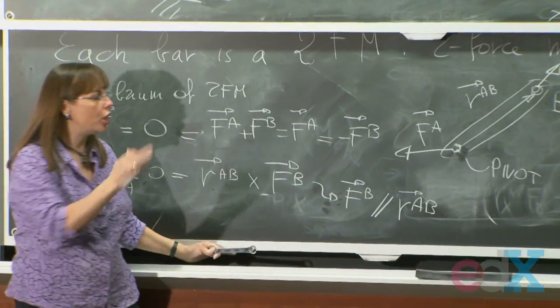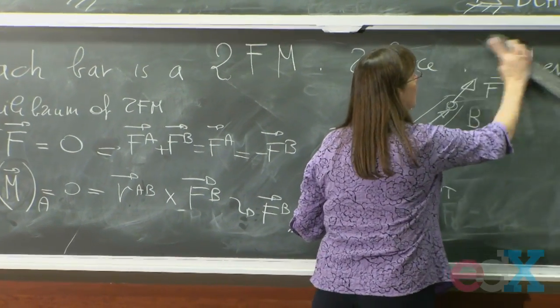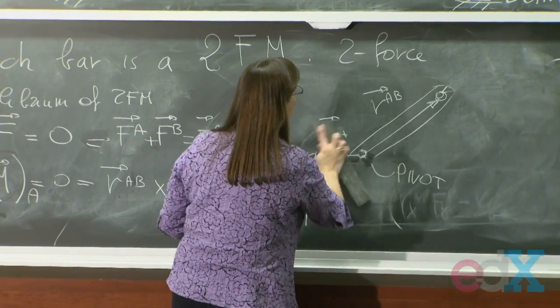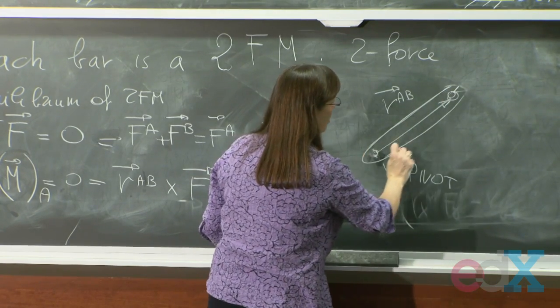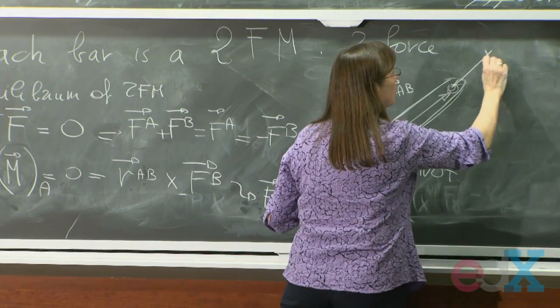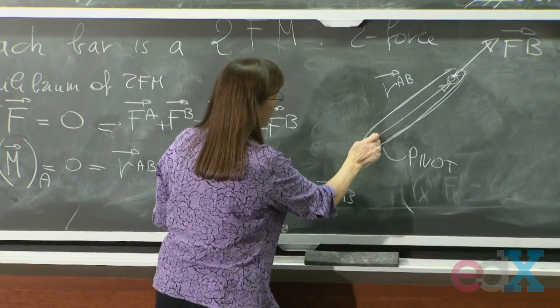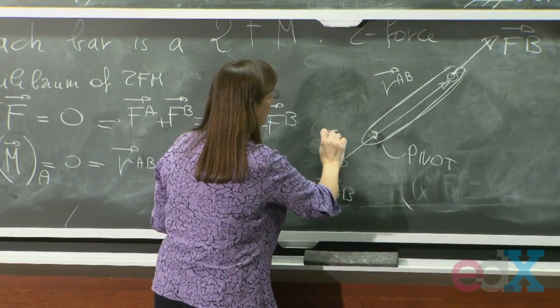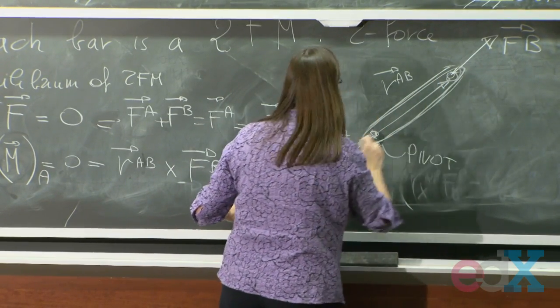So the only way that a two-force member can be in equilibrium is if it's loaded simply along its axis, like that. And this is the only way.